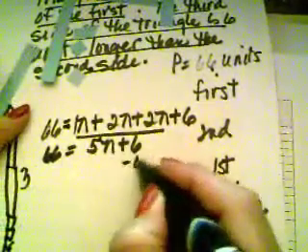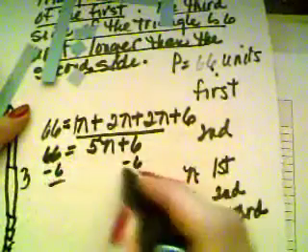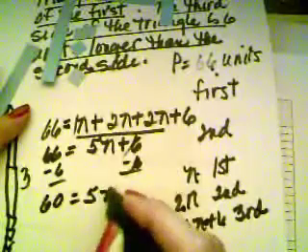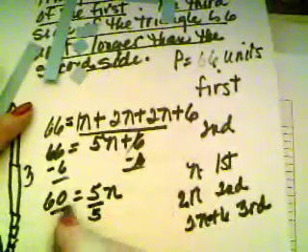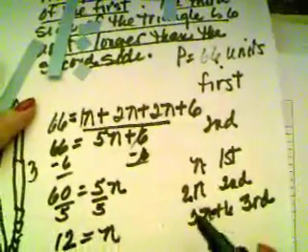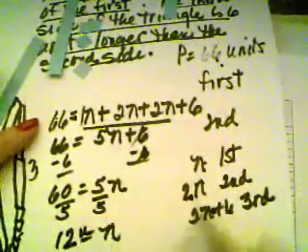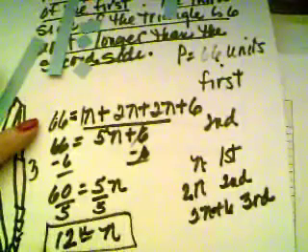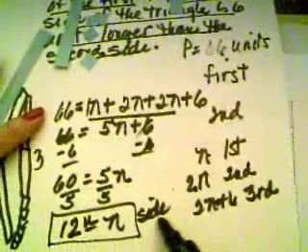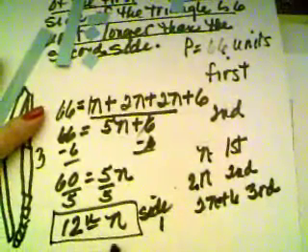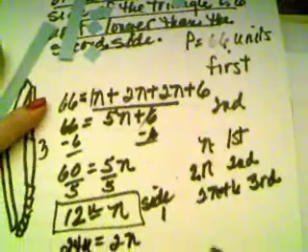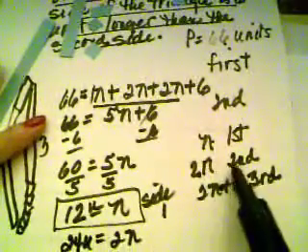And we'll subtract 6 on both sides. Divide by 5, and n would be 12 units. So that would be the length of side 1. Then 2n, which is 24, would be the length of side 2.